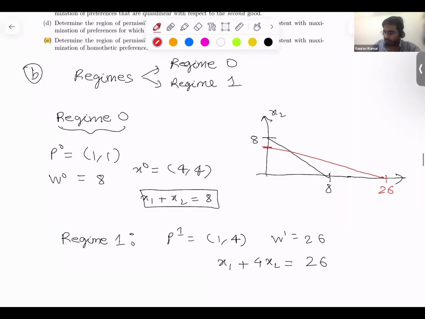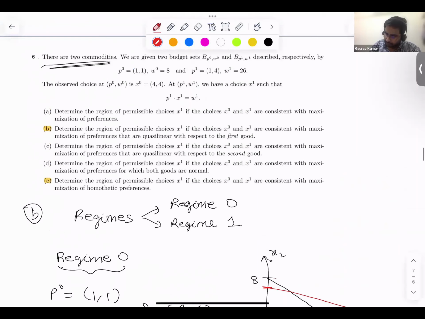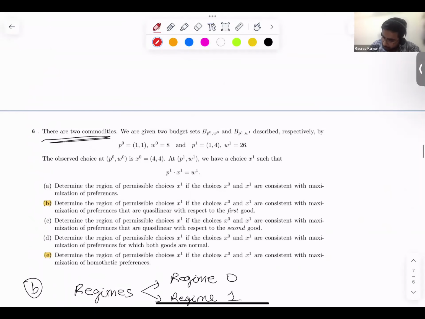Now what we are being asked is to determine the region of permissible choices for x1 if choices x0 and x1 are consistent with maximization of preferences that are quasi-linear in the first good. Understanding the question first is important.